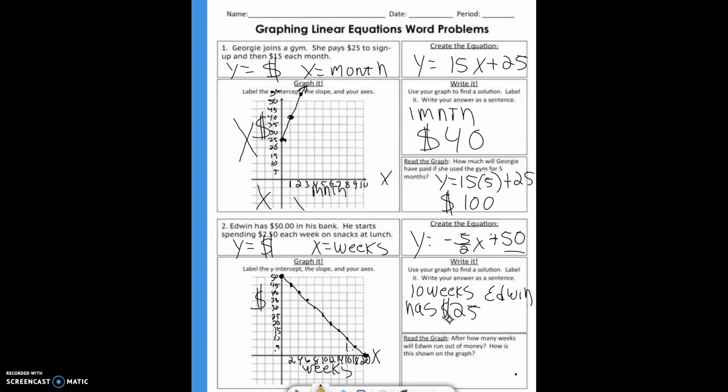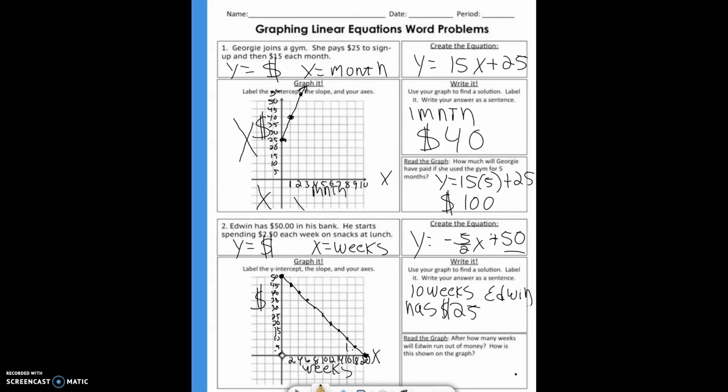Now I'm going to read the graph. Question number 2 asks me, how many weeks will Edwin run out of money? And how is this shown on the graph? Well, the money here, that's the origin, right? That's when he's at 0. And actually, that's the x-intercept.